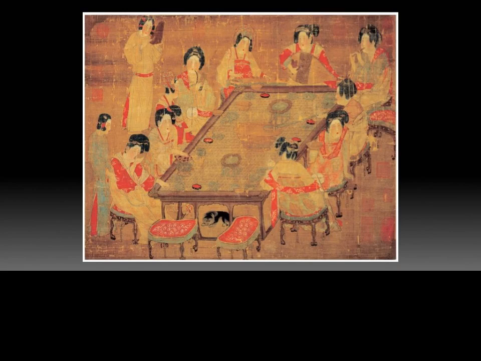Okay. Visual source number 2, a table with the Empress. So this is a little bit different. And how does this painting or this gathering of elite women differ from that of the men? And how might their conversation differ? Well, the women have musicians seated at the table, playing instruments.